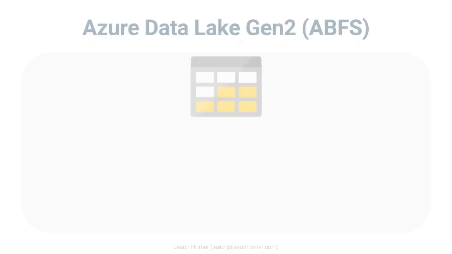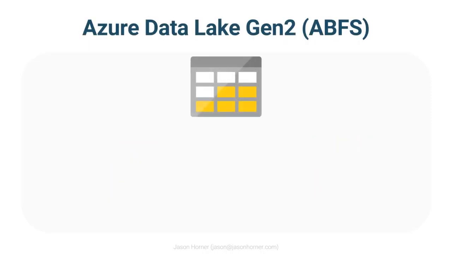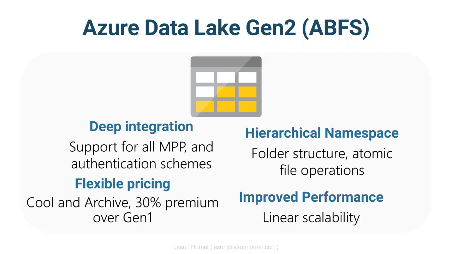However, Microsoft came out about a year, a year and a half ago with Azure Data Lake Gen 2, which basically takes all the good things about Blob storage and all the good things about Data Lake Gen 1 and rolls them into a single thing. So you have the hierarchical namespace, the ability to have folder structures and atomic file operations, and improved performance, so it's geared towards analytical workloads.